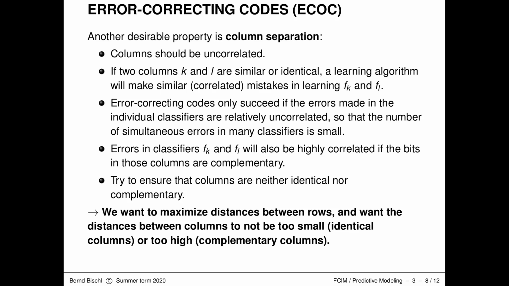So this results in this kind of optimality criterion here, where I want to maximize distances between rows as much as I can, and I want to make distances between columns not too small, because otherwise they could become identical or highly correlated. But I also don't want to make distances too high, because otherwise I create these complementary columns. So distances between columns should be on a medium level.